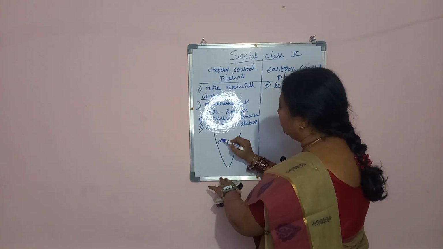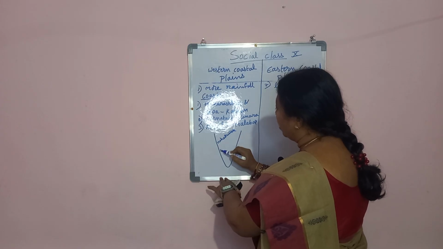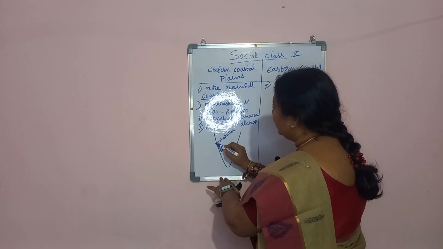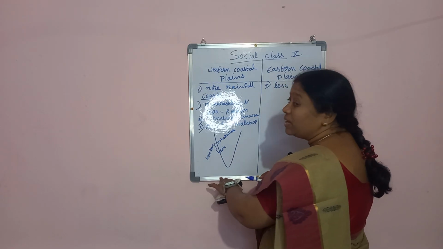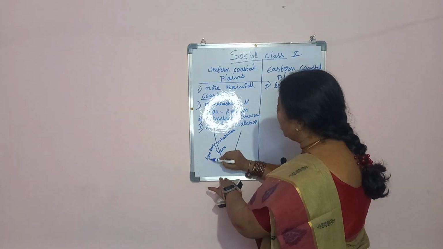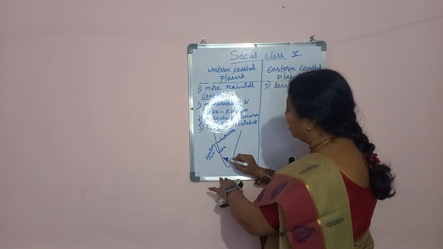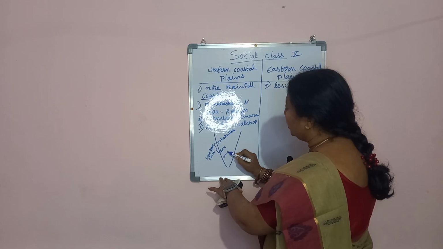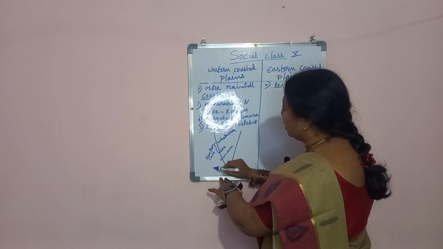Now here we are having Maharashtra and Goa, and this coast is called the Konkan coast. You can present your answer in this way also, which fetches you good marks. Next here lies Karnataka, and the coast of Karnataka is called the Canara coast.